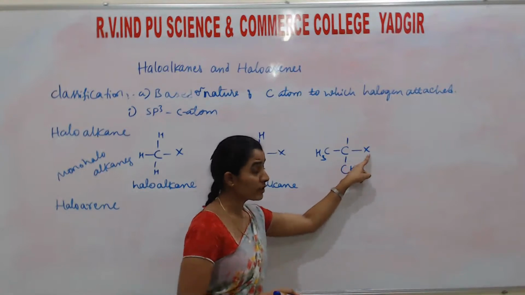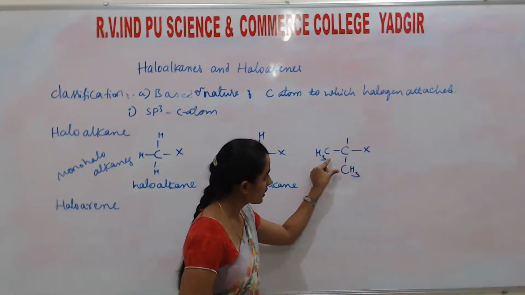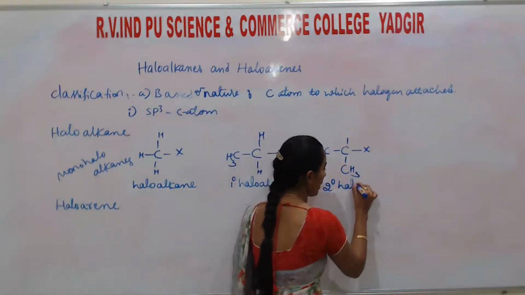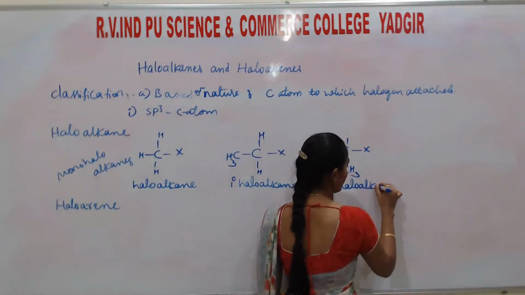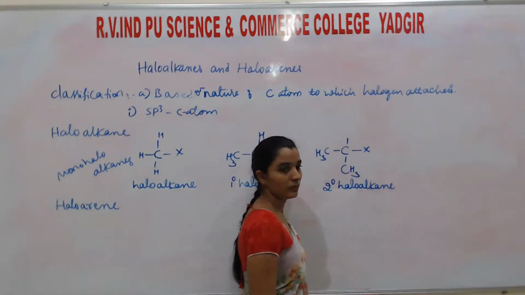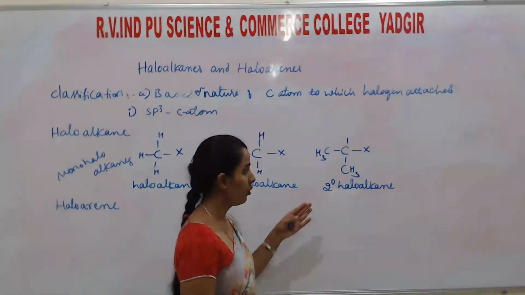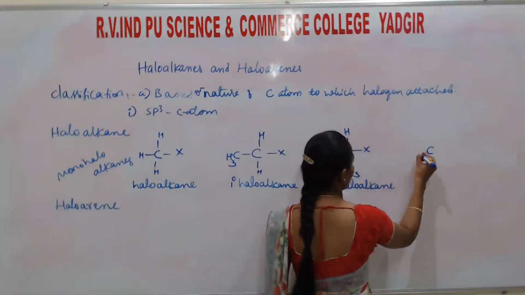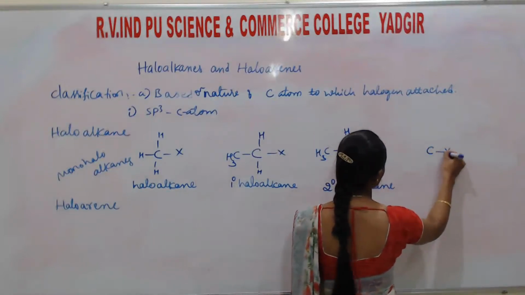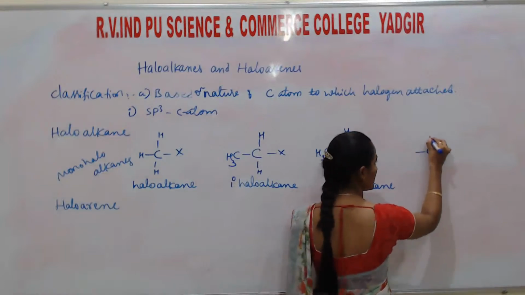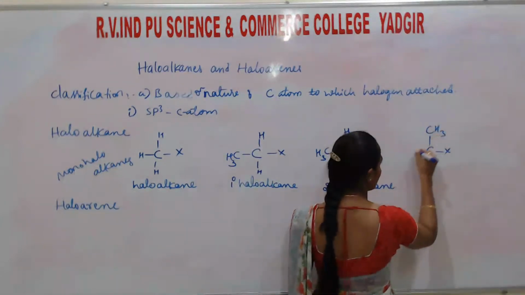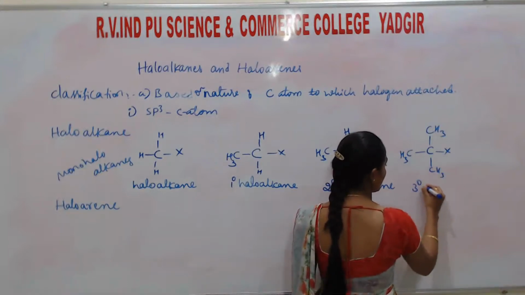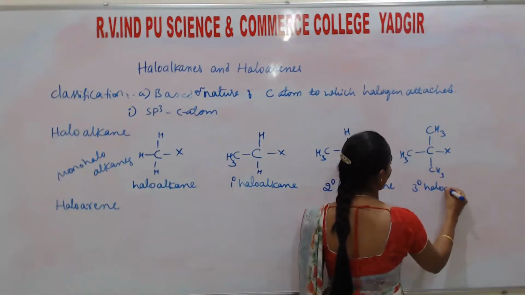If the carbon to which the halogen is attached is attached to two carbon atoms, then it is a secondary haloalkane. Similarly, the carbon to which the halogen is attached, if it is further bonded to three carbon atoms, then it is a tertiary haloalkane.